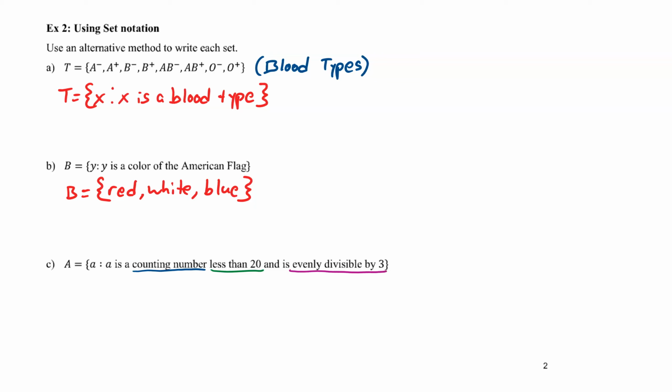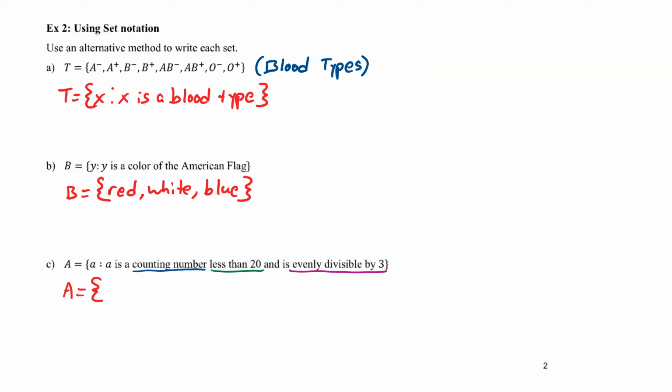So first, when we're thinking about our set A, we want to think about what are the counting numbers. So if we refer back to what we did earlier, our counting numbers are those natural numbers when we started at 1. So we had 1, 2, 3, 4, 5, and we could keep going.